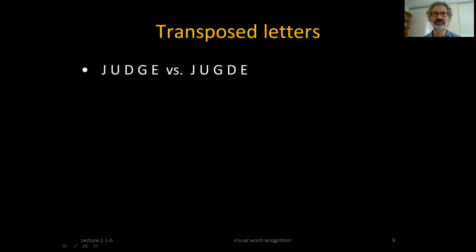Priming refers to the phenomenon in which a word is easier to recognize if you have seen it previously, recently. So if you've seen the word judge and then you see it again, the second time it will be much faster to recognize.